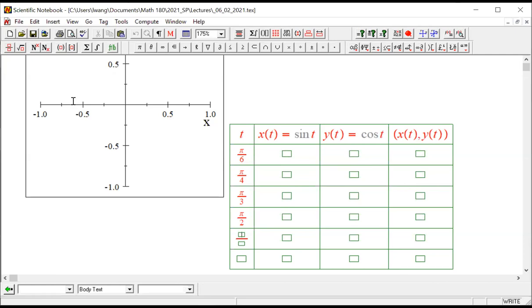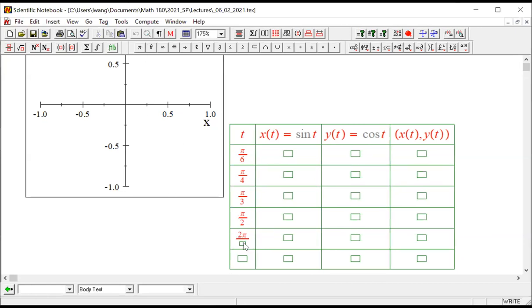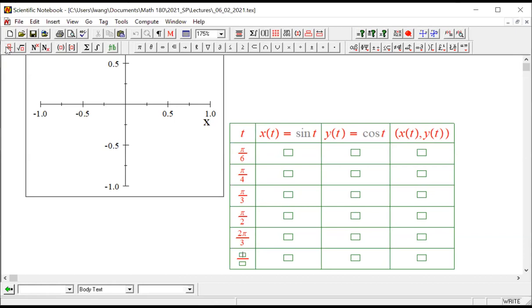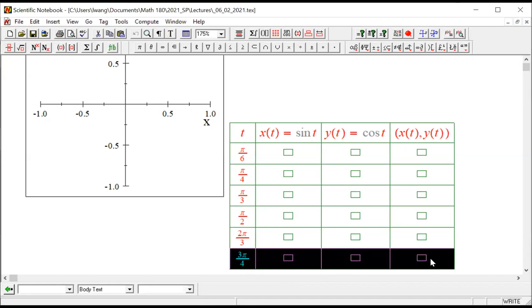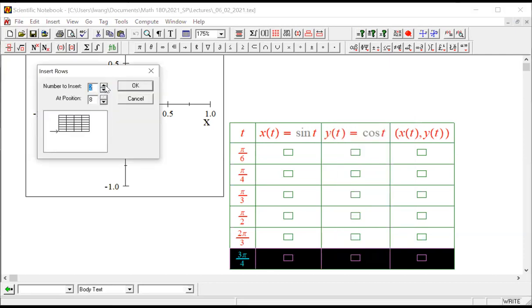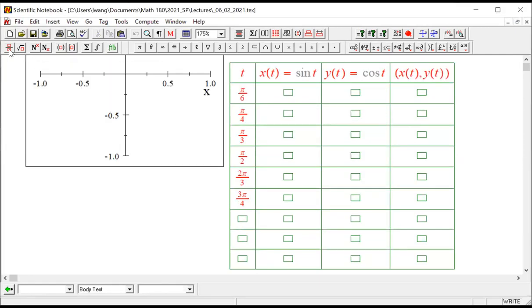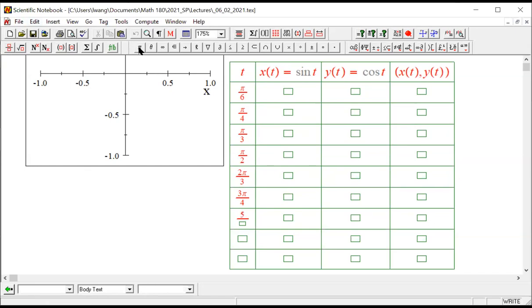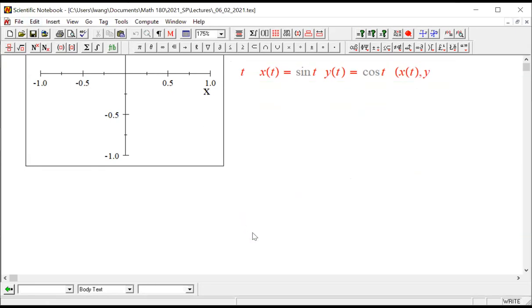and 2 pi over 3, three pi over 4, 5 pi over 6.